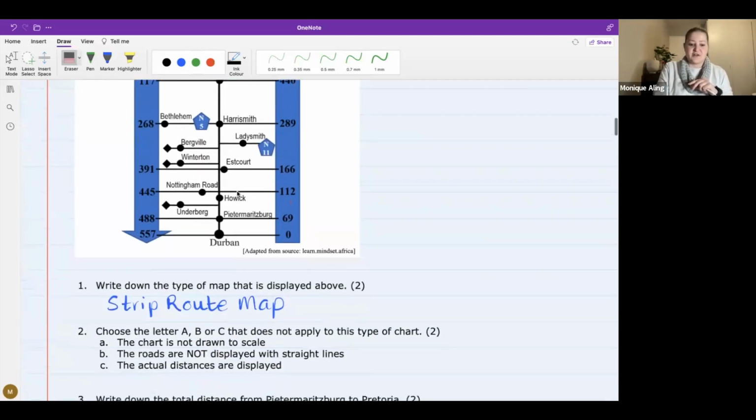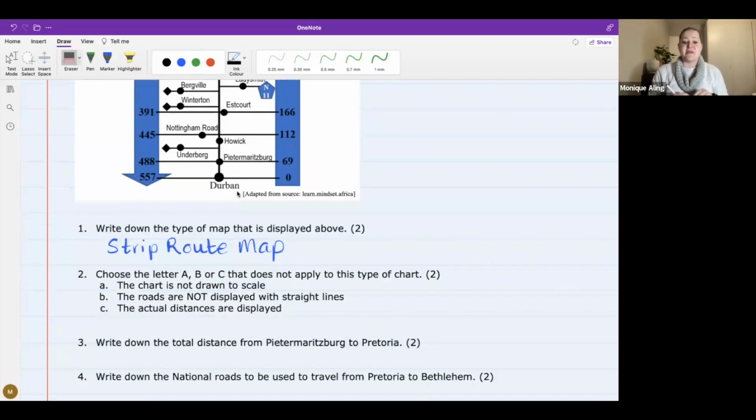The next question. Choose the letter A, B, or C that does not apply to this type of chart. Option A, the chart is not drawn to scale. B, the roads are not displayed with straight lines. And C, the actual distances are displayed.